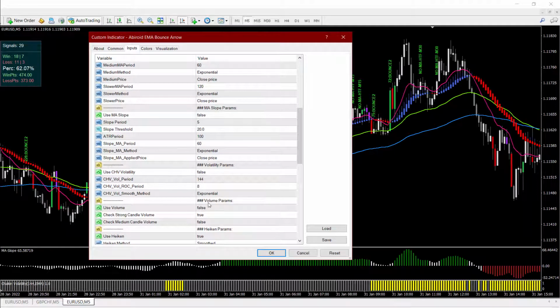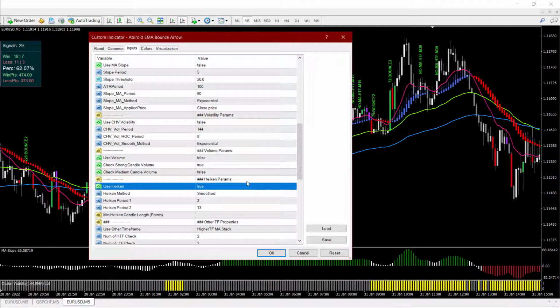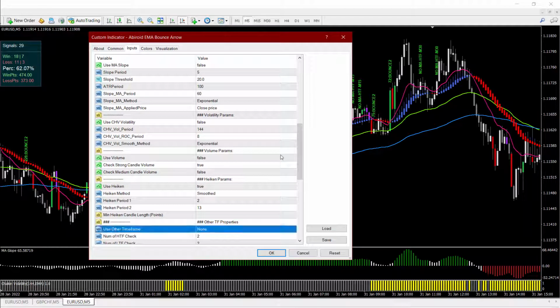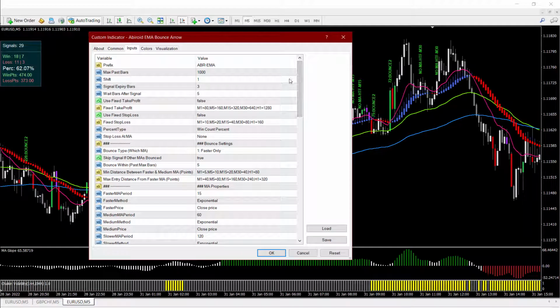So just play around with these settings. I'll set this back to none and go back to the take profit. Right here we had signal expiry bars. If you're scalping, you can set this to something higher, like maybe 20.